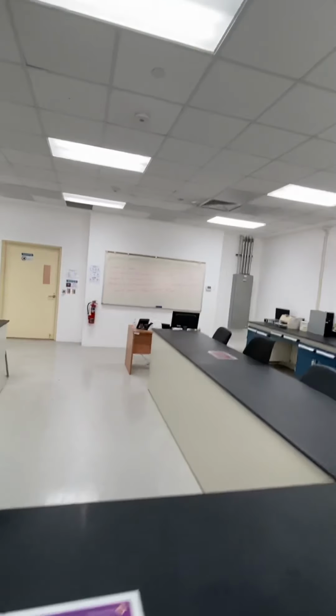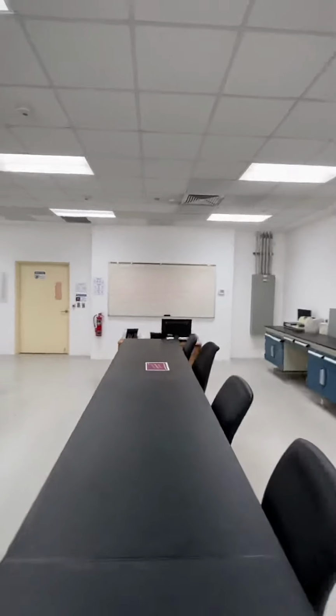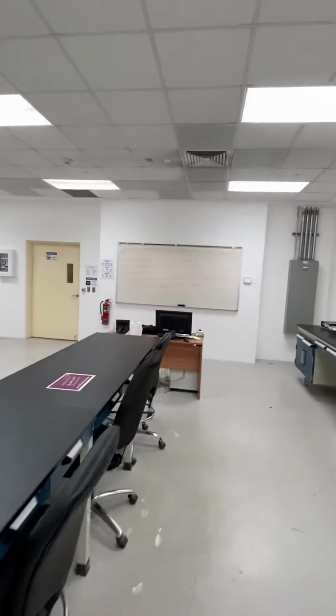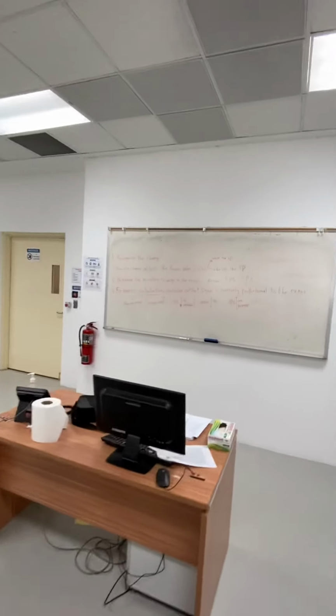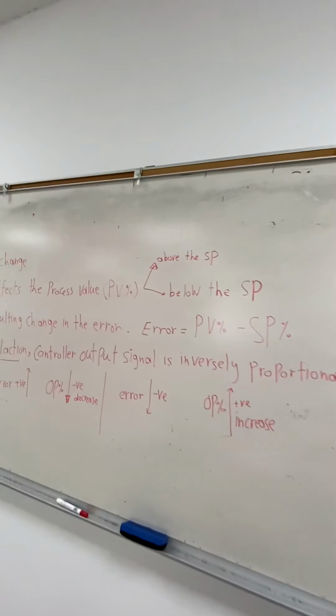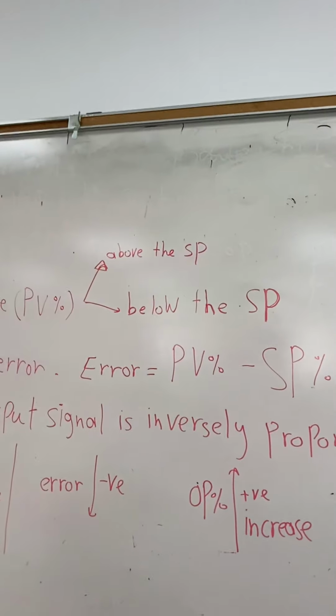Okay, now that brings me actually to step number 2, which is how the change affects the process value. So if we open the bypass valve, we will see that the process value starts to increase above the set point.